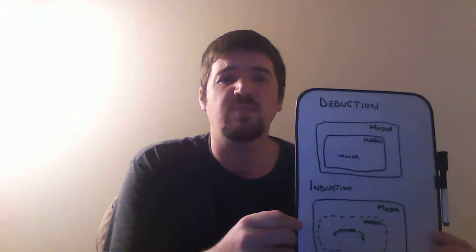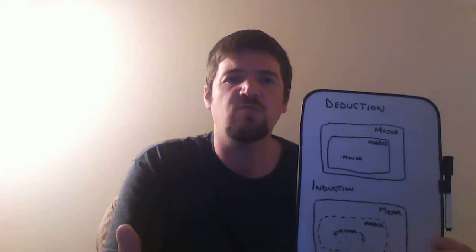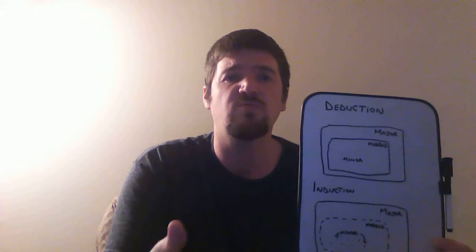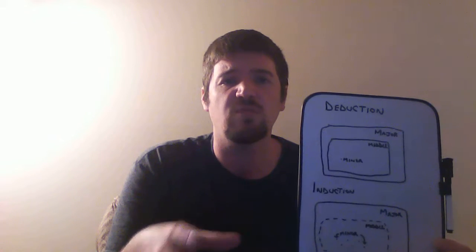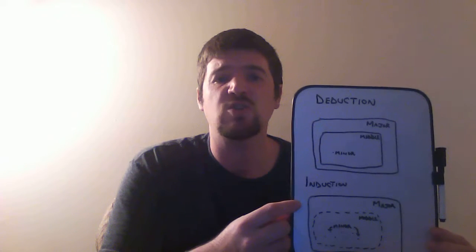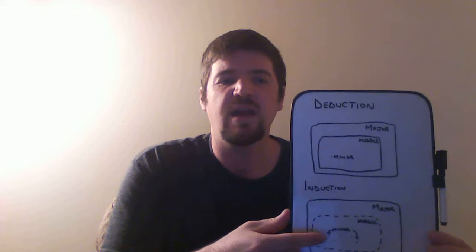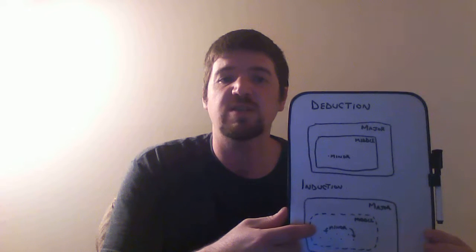A common example is that premise 1, the sun rose today. Premise 2, the sun rose yesterday. Premise 3, the sun rose the day before yesterday. Conclusion, therefore, the sun will rise tomorrow. What we've done is we've taken the major term of things that happen every day, and we're putting minor examples of things that happen every day.